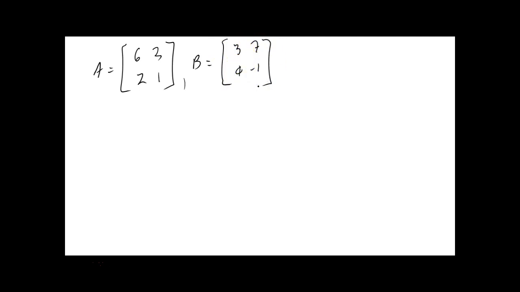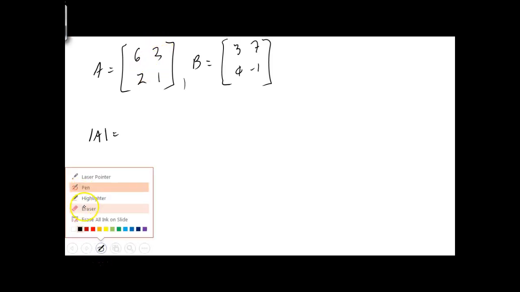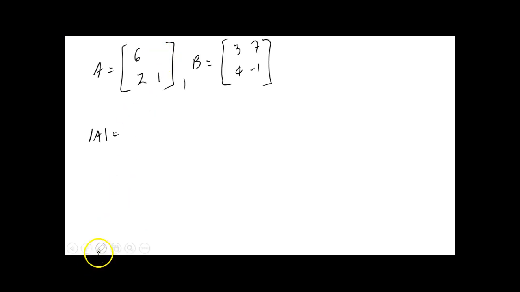What's the determinant of A? Pretty easy to do. It's what? Now, I must have copied wrong. I can't read my writing. That's a 2, not a 3. Okay. Sorry about that. It was written as a 2, but my pen drags in it.